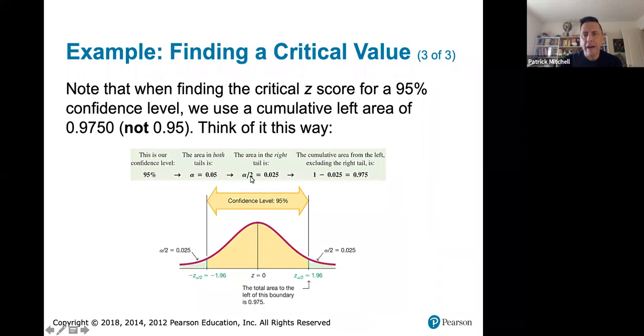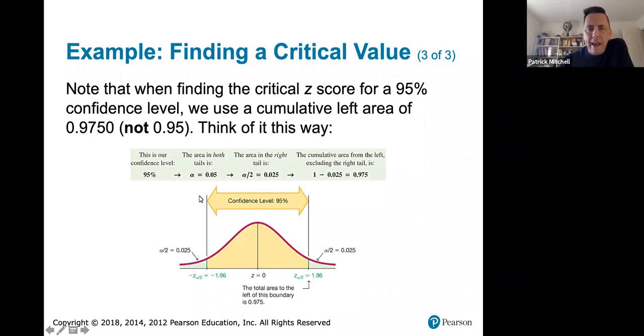Divide that in half, you get 0.025. So that 0.025 sits up here. If I subtract that from 1, that gives me 0.975, which is all the area to the left of this mystery z-score. You do see the mystery z-score there. Just pretend you don't for a second.